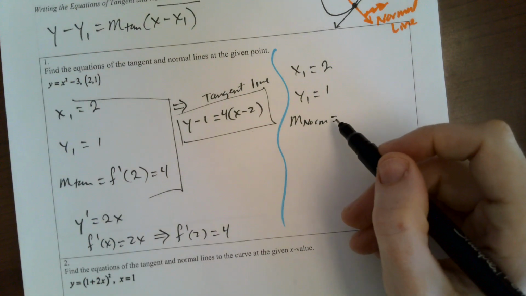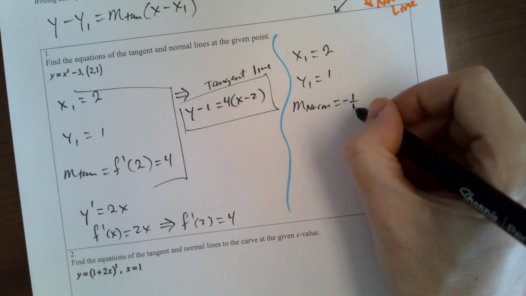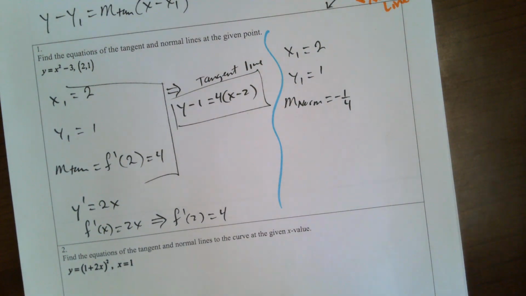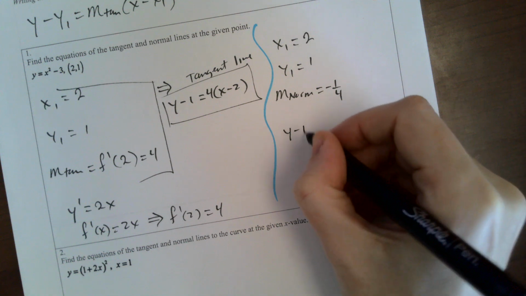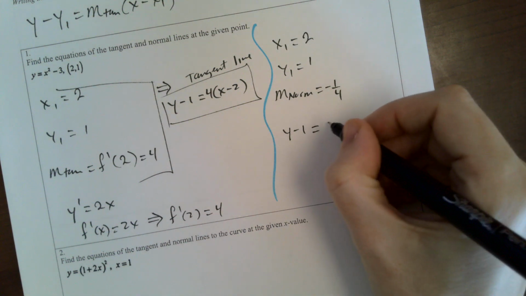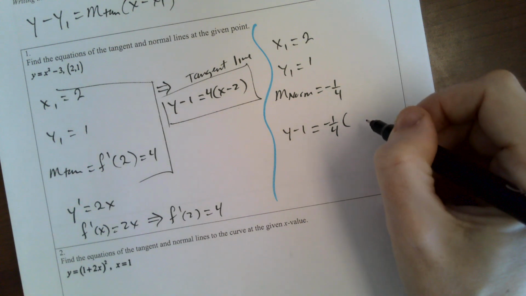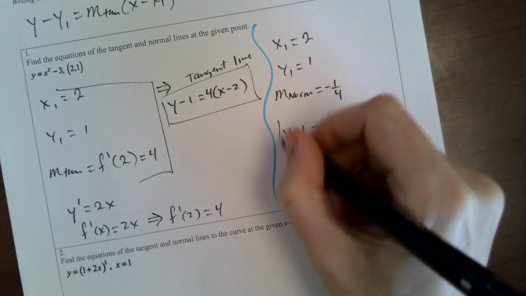Right? So the slope of the normal line, instead of being 4 over 1, it's negative 1 over 4. All right, so we have all of those ingredients. So y minus 1 equals m norm, which is negative 1/4, times x minus 2.